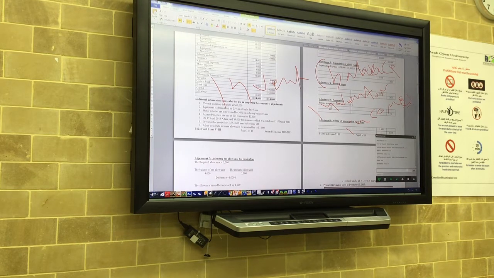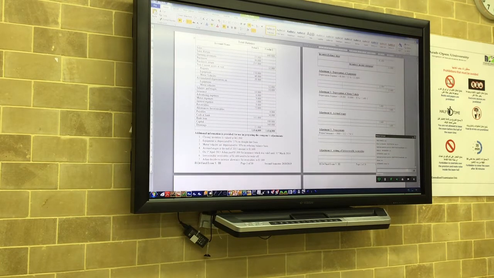Clear? So now go to the second information. He said the equipment is depreciated by 25%. So you will go directly to the price, the historical cost for the equipment. You will go to the trial balance and decide the amount for the equipment.